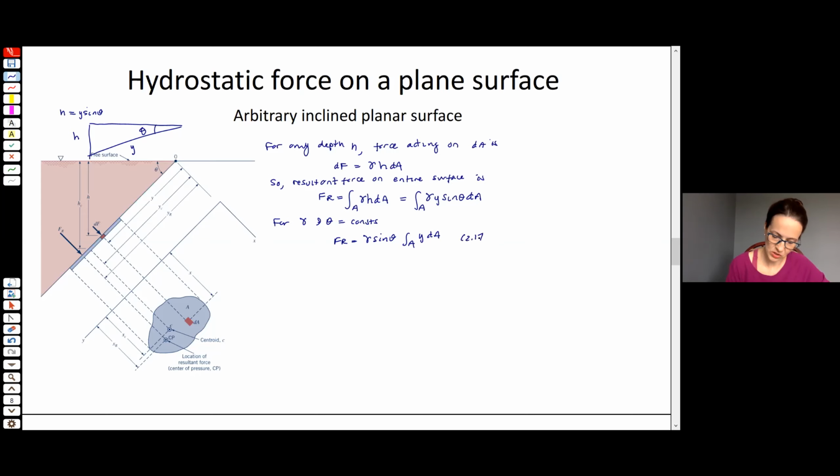And that's equation 217 from the textbook. This is the first moment of the area, this integral, with respect to the x-axis.